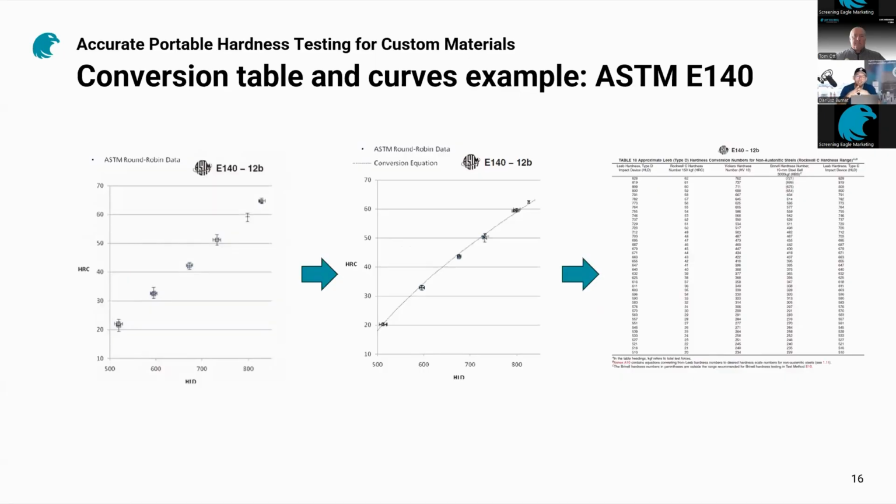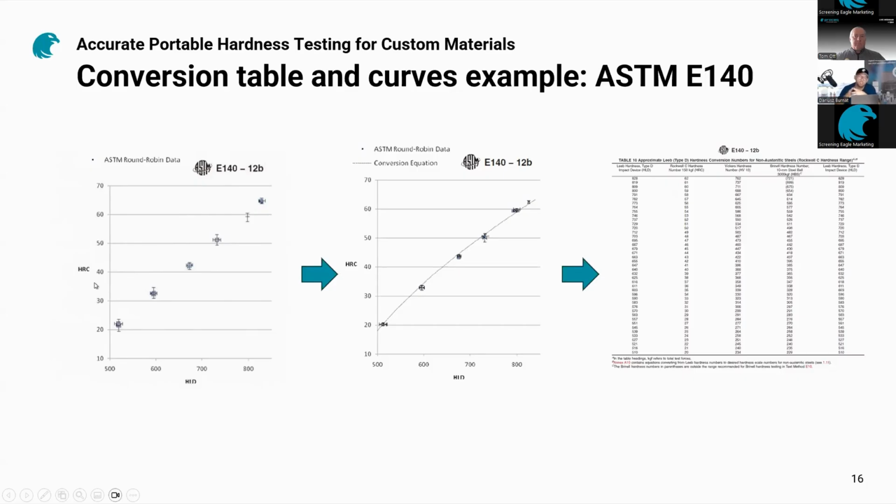So let us very shortly have a look at how those conversion curves are made. Here, on the left-hand side, you see a screenshot from ASTM E140, and you see a set of points. Here on the bottom, you see a LEEB scale and an HRC scale.